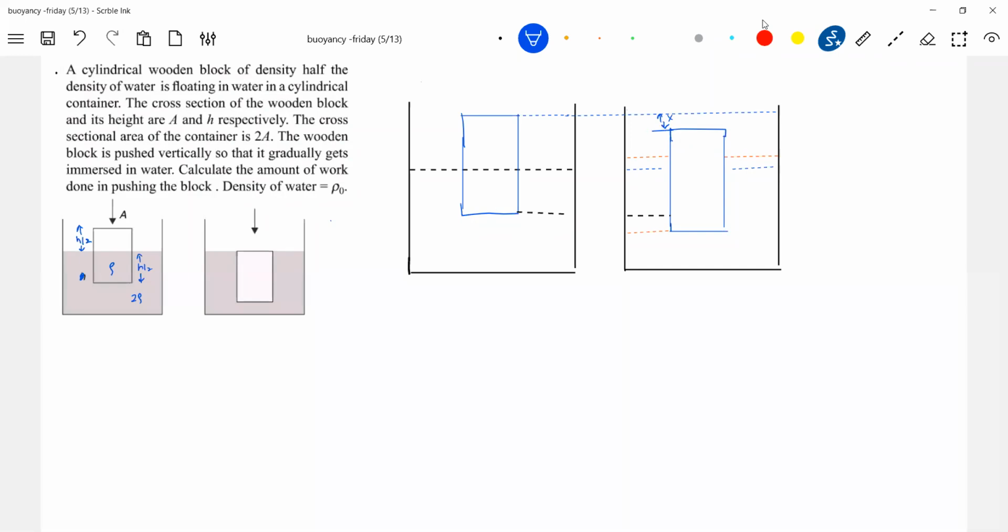When X length is pushed down, X length will get into the liquid. Do I agree? Don't get scared or bother about anything.